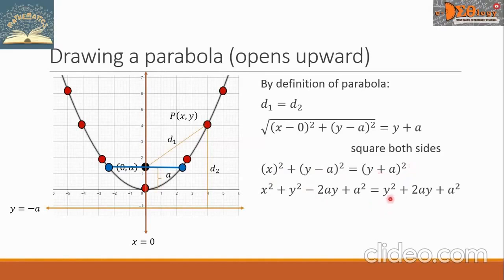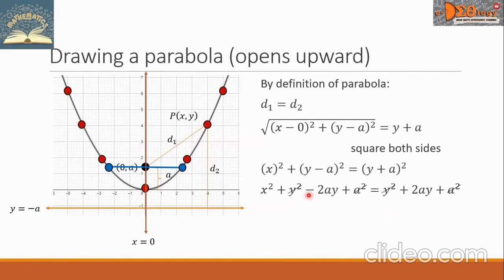So we have y squared plus 2ay plus a squared. We can see here that there is y squared on both sides, so we can cancel that. Also, there is a squared here and here that we can cancel also.